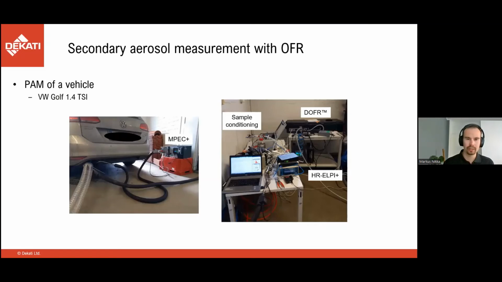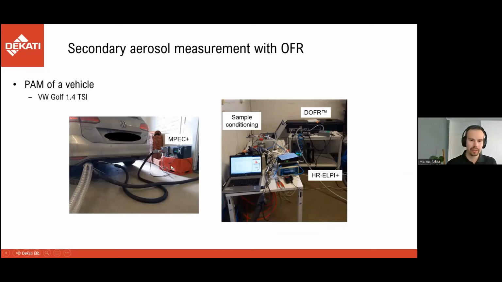Here is a real example where we measured a Volkswagen Golf 1.4 liter gasoline vehicle, passenger car, and we tried to find the potential aerosol mass, so the maximum aerosol mass produced by this vehicle.